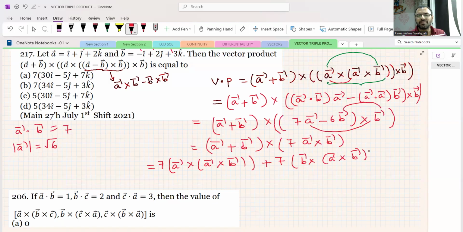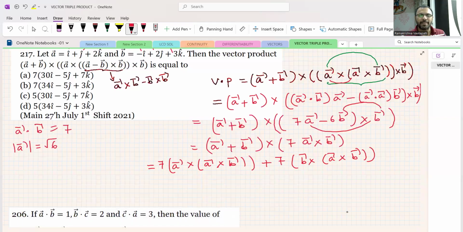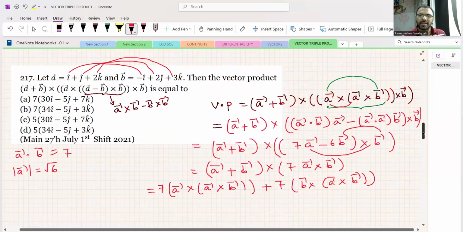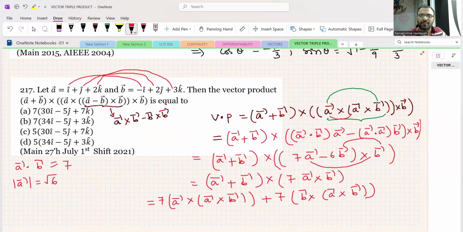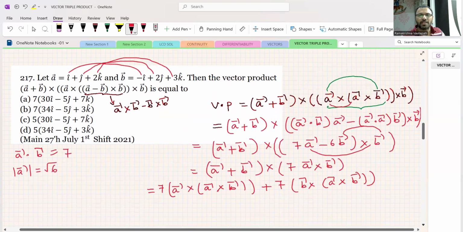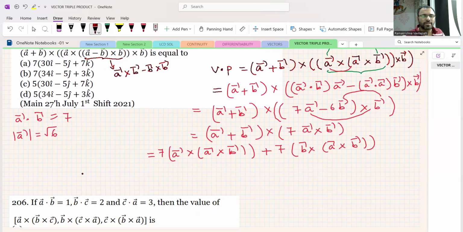Either you can simplify these expressions, or you can find A plus B, you find A cross B, and again for them, you need to find the cross product of those vectors. Otherwise, you have to keep on simplifying those expressions.